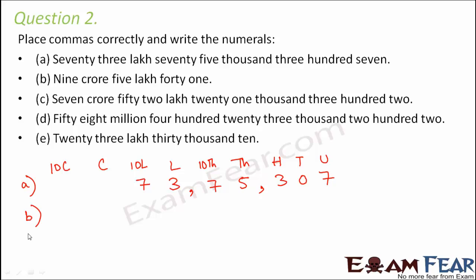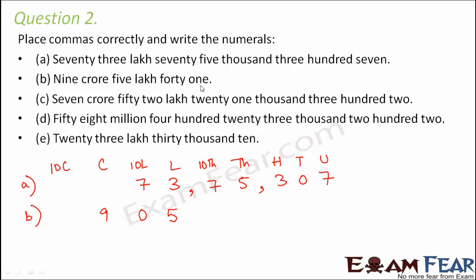9 crore 5 lakh 41. So 9 crore. Where is crore? This is crore. So 9 crore 5 lakh. So here what would be in the 10 lakh place? This is going to be 0 because it is only 5 lakh. So this would be 05.